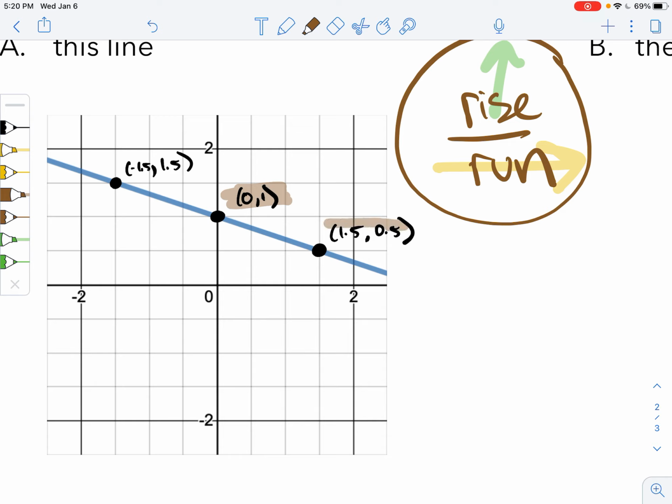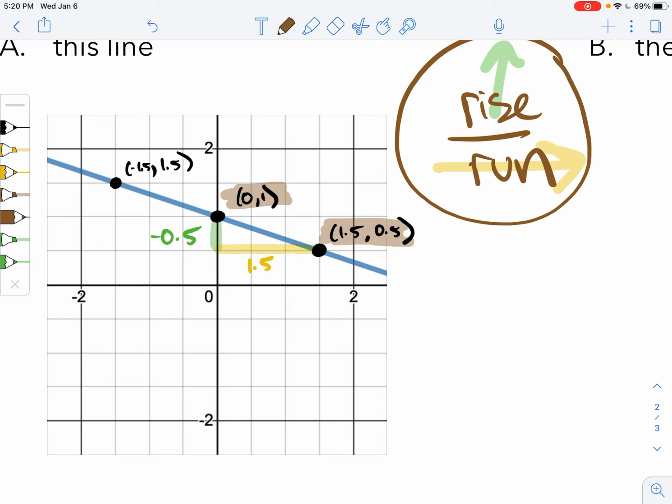We'll go from 0, 1 to 1.5, 0.5. Okay, so we go down from 1 to 0.5. That is a change of -0.5. And our horizontal change, we go from 0 to 1.5, is a change of positive 1.5.